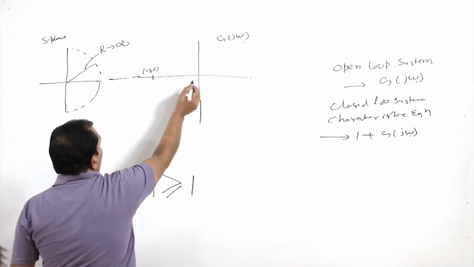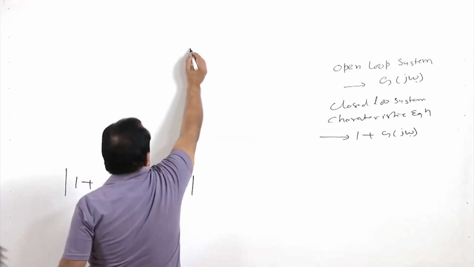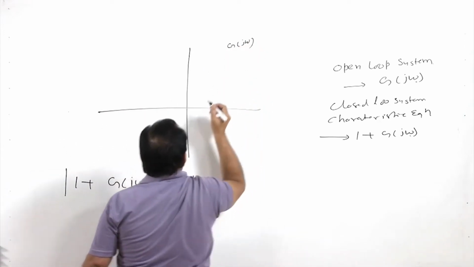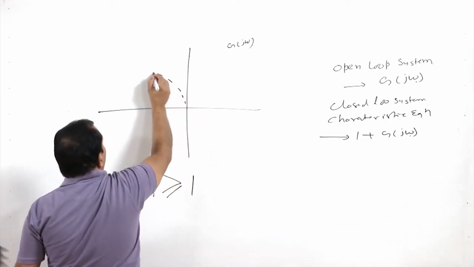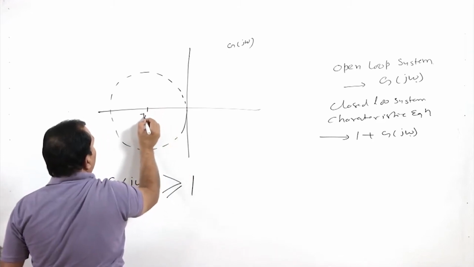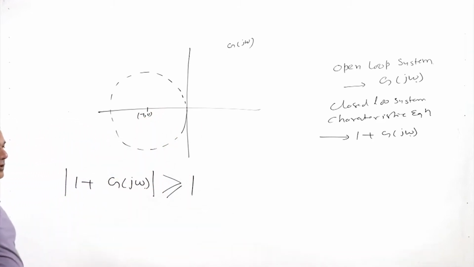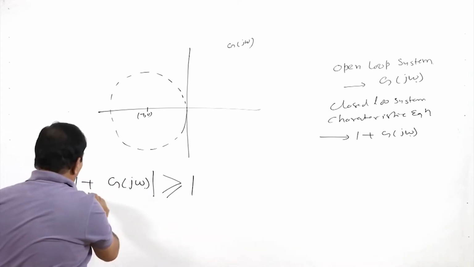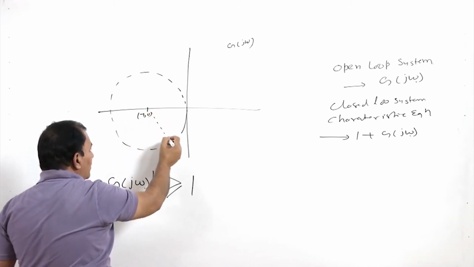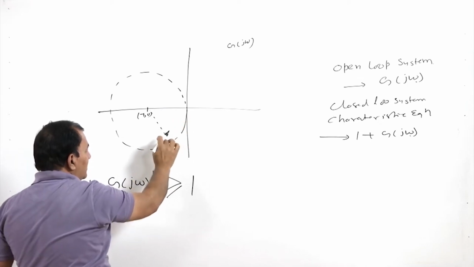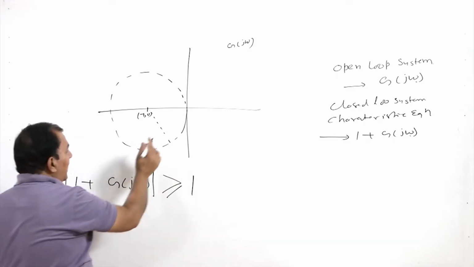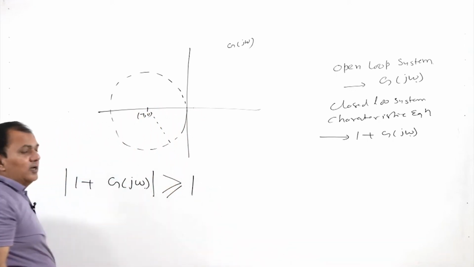This means if I draw, in the G(jω) plane, a unit circle centered at the point with angle 0, my Nyquist plot is always away from this unit circle. It cannot enter the unit circle.